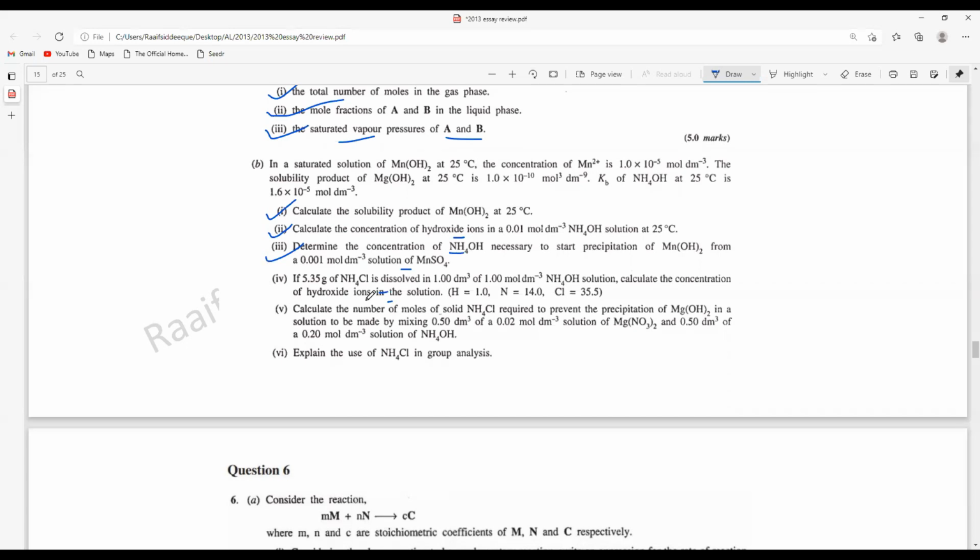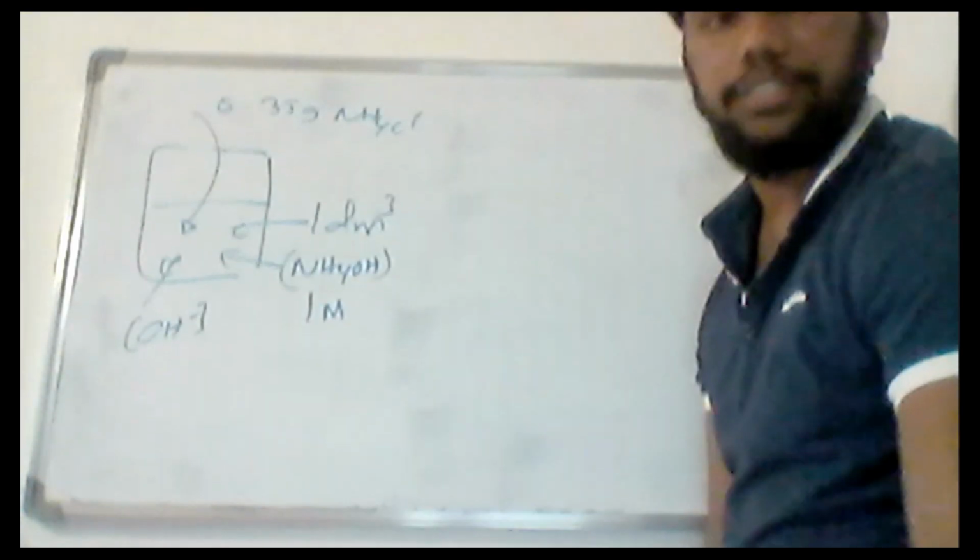Yeah, it is 1 m, and you are putting here 5.35 grams of ammonium chloride. Okay, and they are asking about the final OH minus concentration in the solution. So still here, remember, there is no connection with the other questions, right? So we will see what is going to happen here. So I will stop share and use the board again.